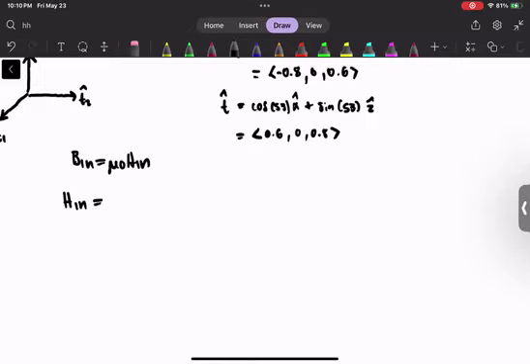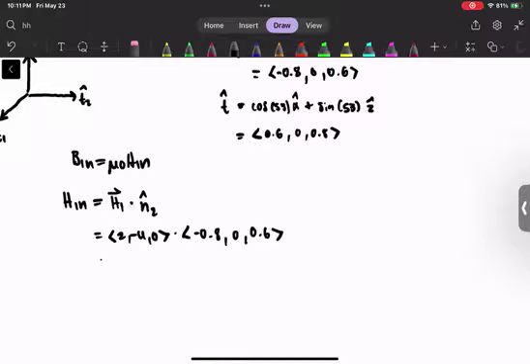H1n equals our H1 vector dot product with our normal, which we just found. H1 is given, so this is 2, -4, 0, dot product with our n, -0.8, 0, 0.6.